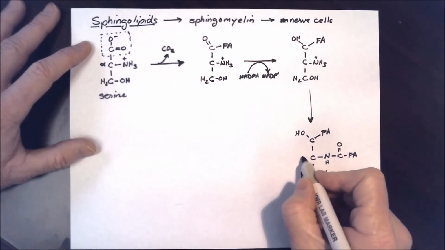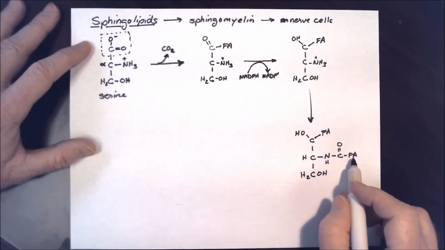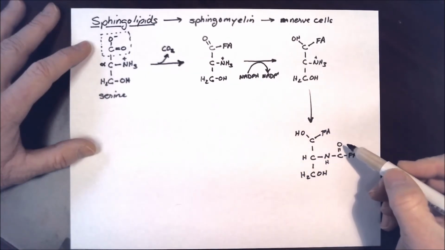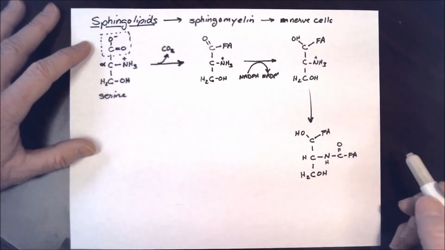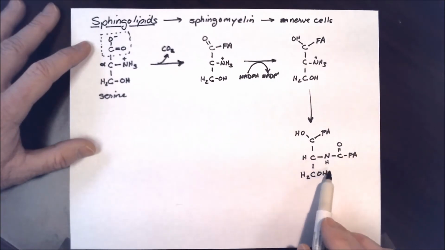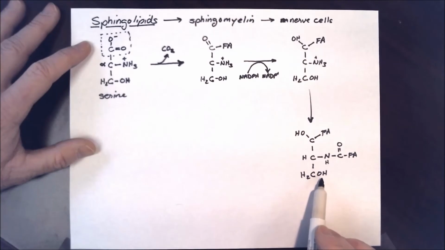Once we have the fatty acid on the nitrogen, we now have 2 fatty acid chains, and we have a free hydroxyl group for our 3rd addition.